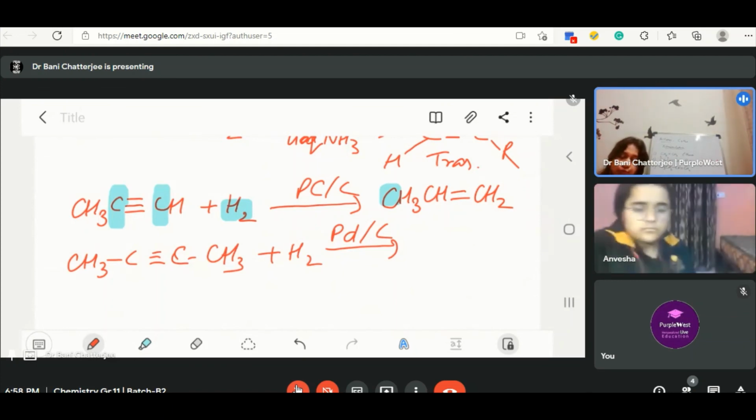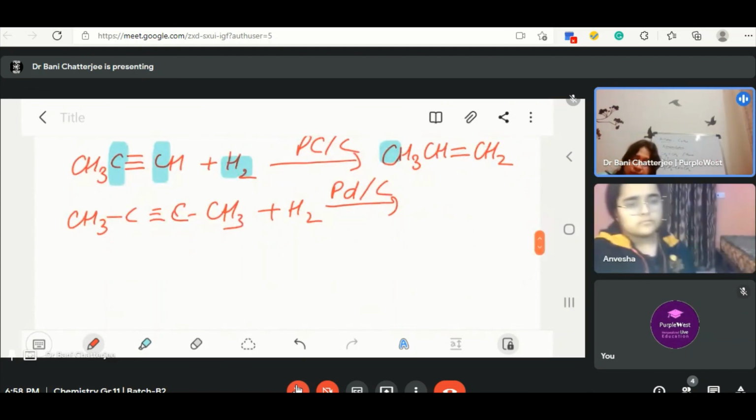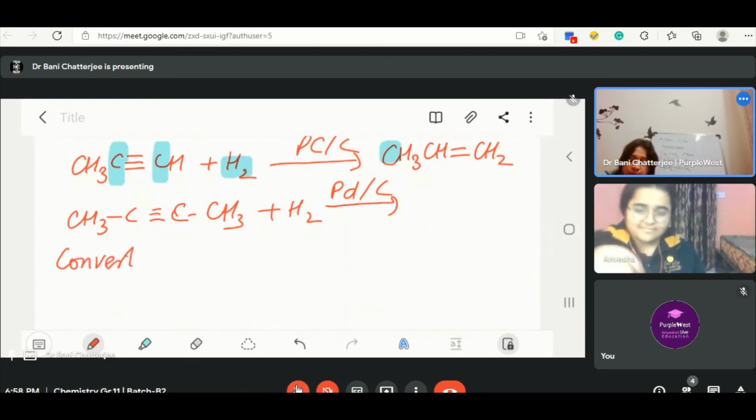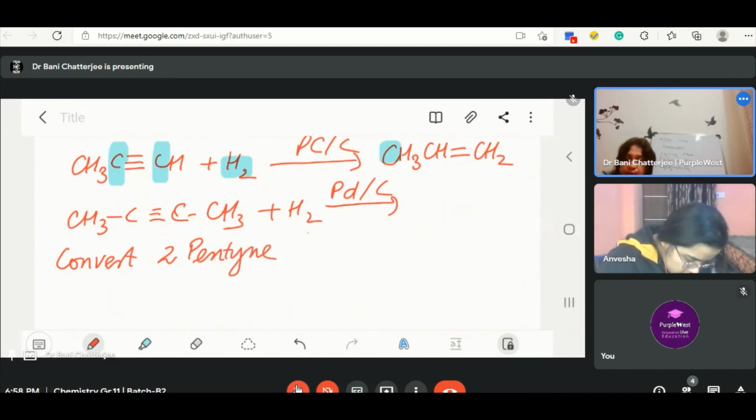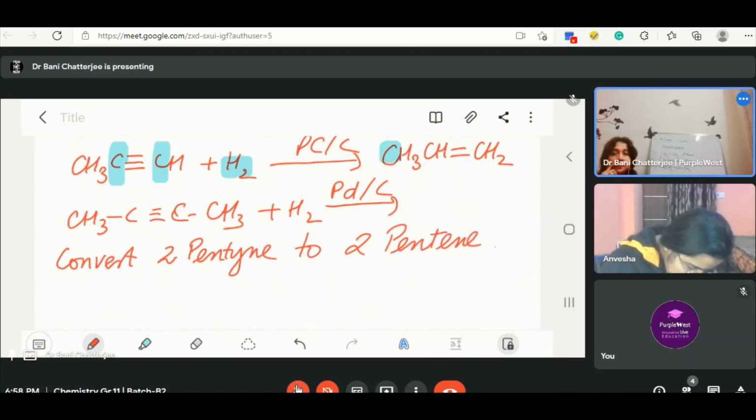Great. So now the same thing I am going to give you in words. That is, convert 2-pentyne to 2-pentene. Draw the structure and then do it.